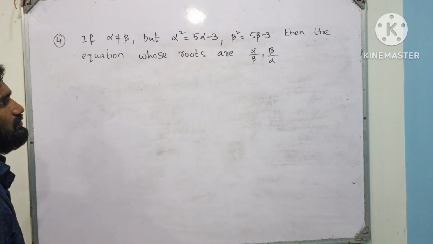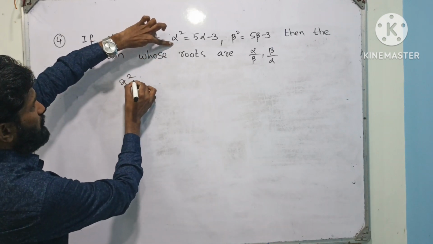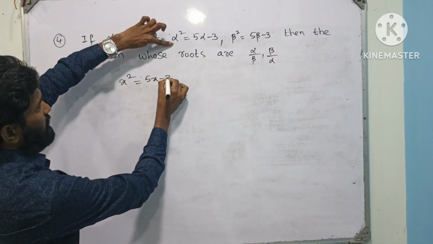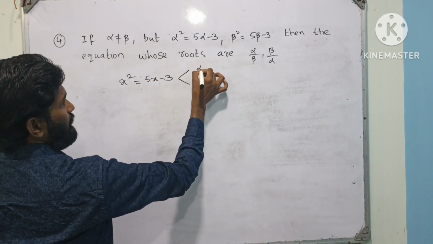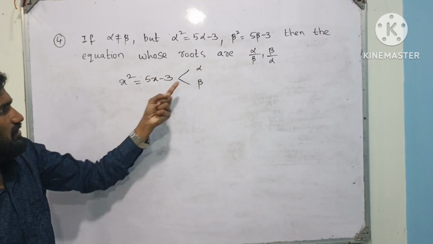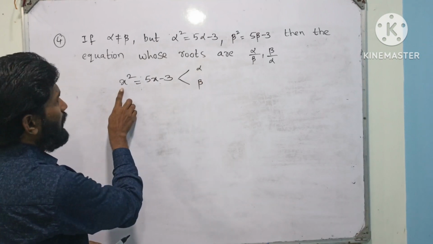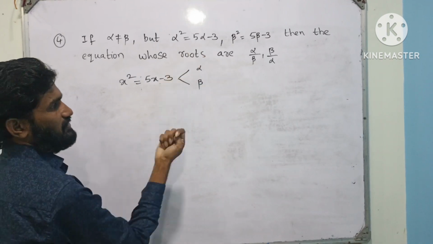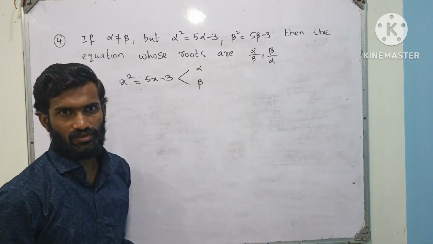If I write equation as x square is equals to 5x minus 3, then for this equation alpha comma beta are the roots, if you want you can check once. Yes, if I substitute alpha square is equals to 5 alpha minus 3. Yes, if I substitute beta square is equals to 5 beta minus 3.